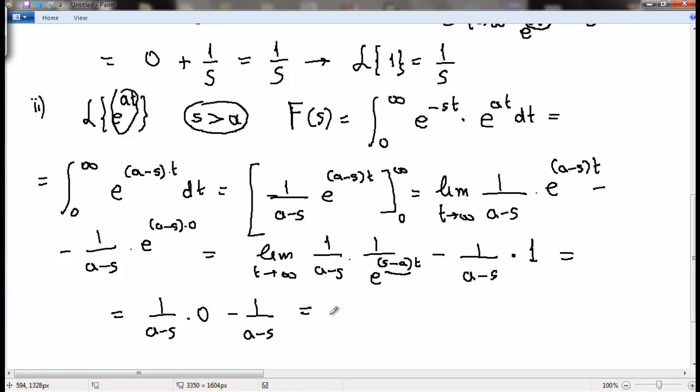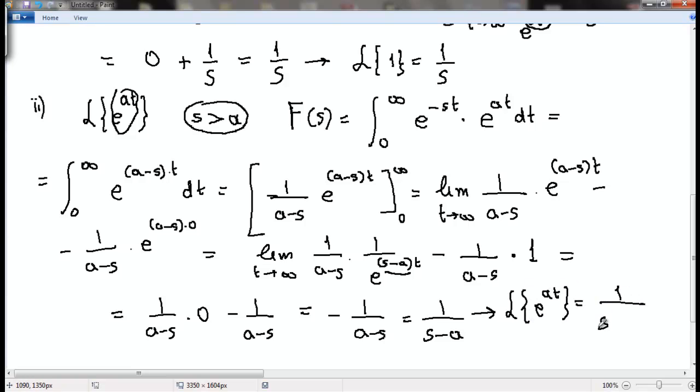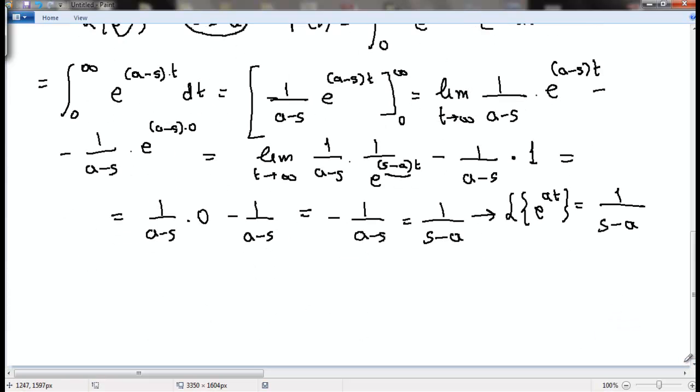This is minus 1 over a minus s, that's 1 over s minus a. Of course, that's a positive quantity because s is greater than a, and the final result is that the Laplace transform of e to the at is 1 over s minus a. Not difficult to find actually.